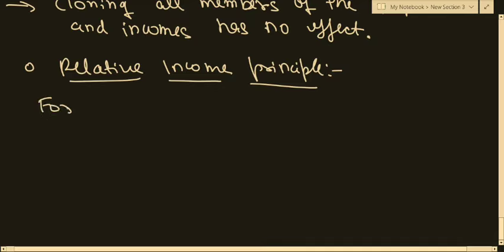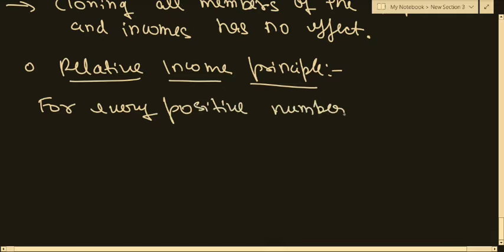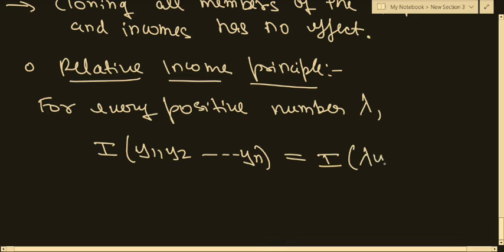So for every positive number lambda, we have I of y1, y2 until yn equals I of lambda y1, lambda y2 until lambda yn. So basically we are proving that when we scale everybody's income by a positive number lambda, the inequality index remains the same, like inequality is not altered.